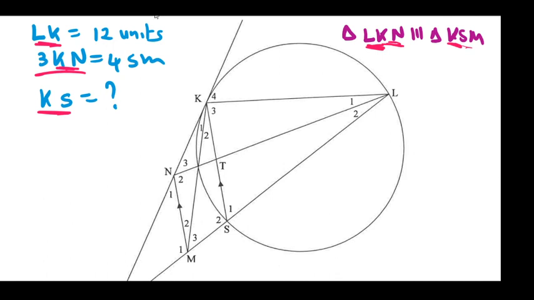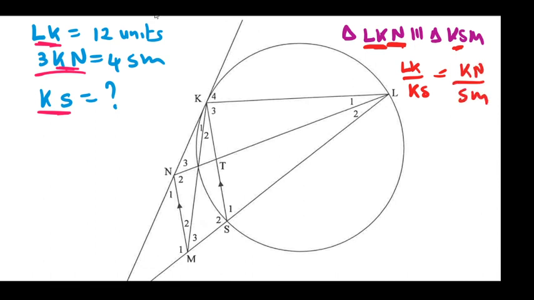And so what we can do is this: because we've proven the similarity, let's write the fractions in terms of these similarities. Let's say this LK divided by this KS. So LK over KS is equal to KN over SM, right?